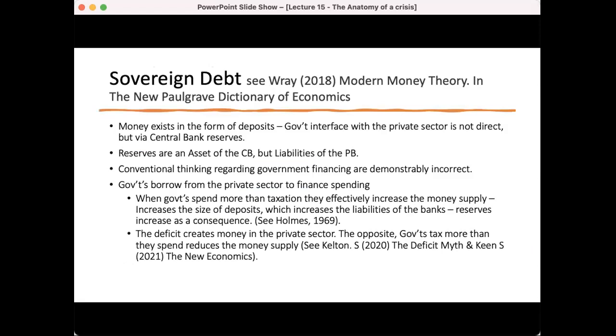So let's move on now to try and understand this relationship between government financing, central banks, and government debts. Okay, I referred you here to a reading in the reading list online by Ray, and it's his outline of modern money theory. Modern money theory is a new way of looking at public financing. It puts public financing at the center of its financial models.